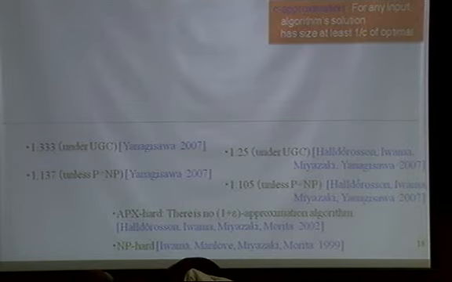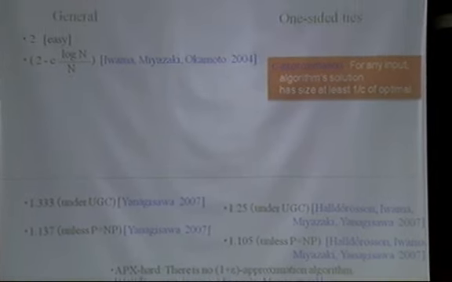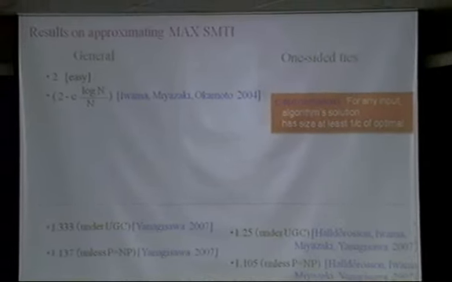Okay. And next, I show tractability, approximability results. First, approximation ratio of 2 is easy. I will explain soon. And the first improvement is in 2004. We slightly improved the approximation ratio, but it is still 2.